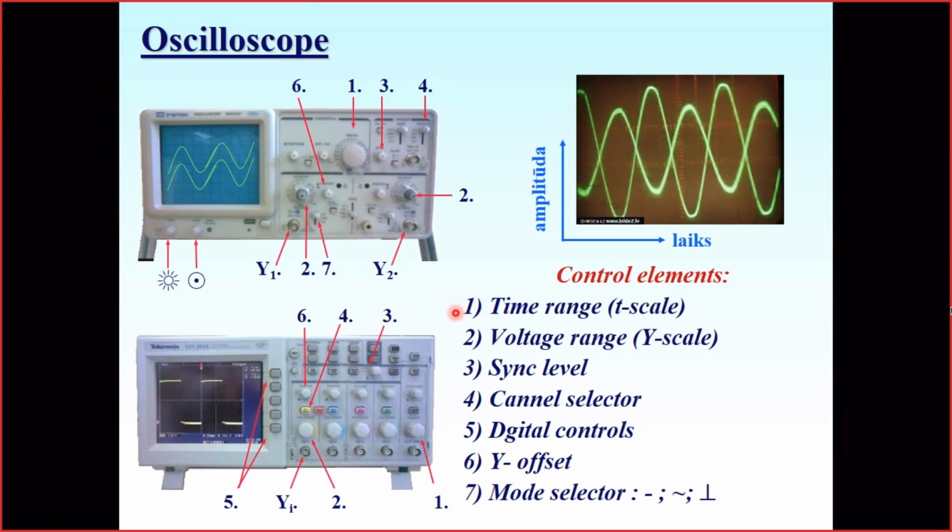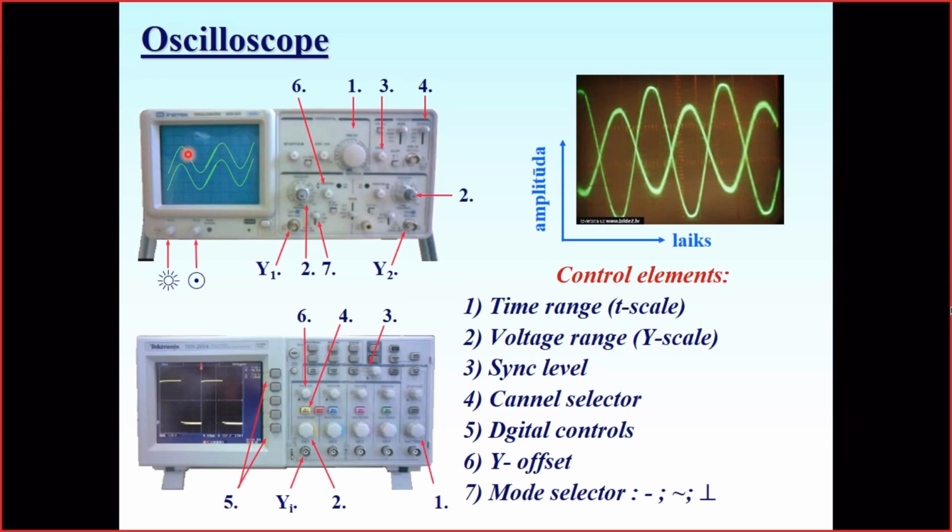So we have a possibility to change the rate of the sweep. By this we change the time scale. The faster the point moves, the smaller is the range of the time scale. If we move very slowly, the time when the point travels from one end to another will be quite high.